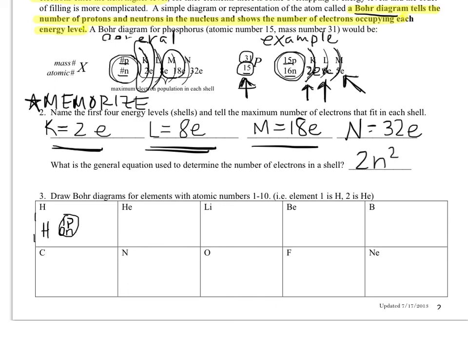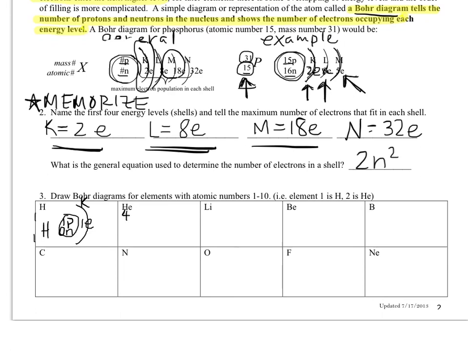Now, since it has 1 proton, that means for our purposes, since we haven't learned the exception to this rule, it's also got 1 electron. So that first shell, I will label K, and I'm just going to put 1e here. That first shell can hold 2 electrons, but in this case, hydrogen only has 1 electron. All right? Okay, that was a weird one, so let's do one more.